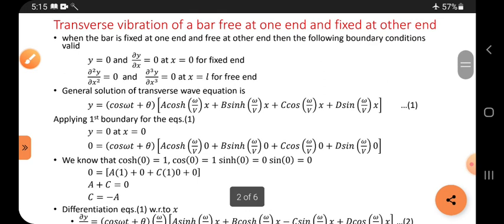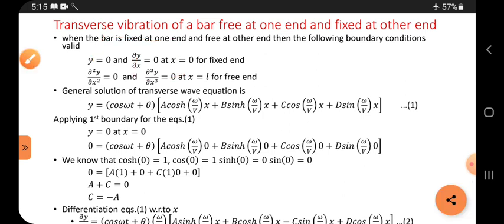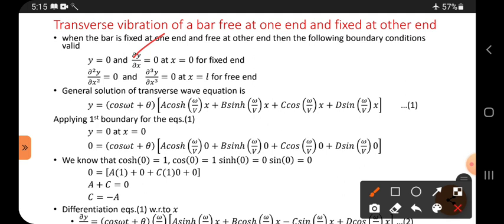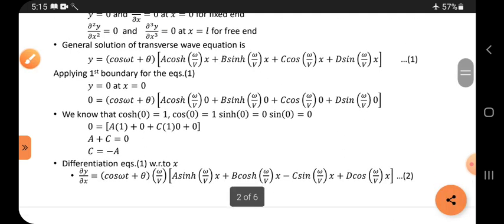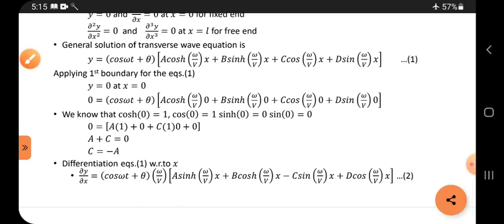Next, to apply the second formula from the first boundary condition, we have to differentiate y once. So differentiate equation 1 once only.